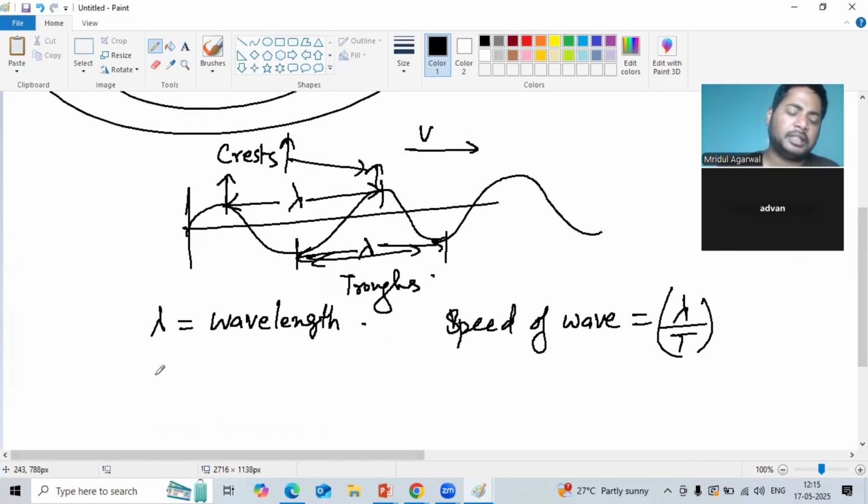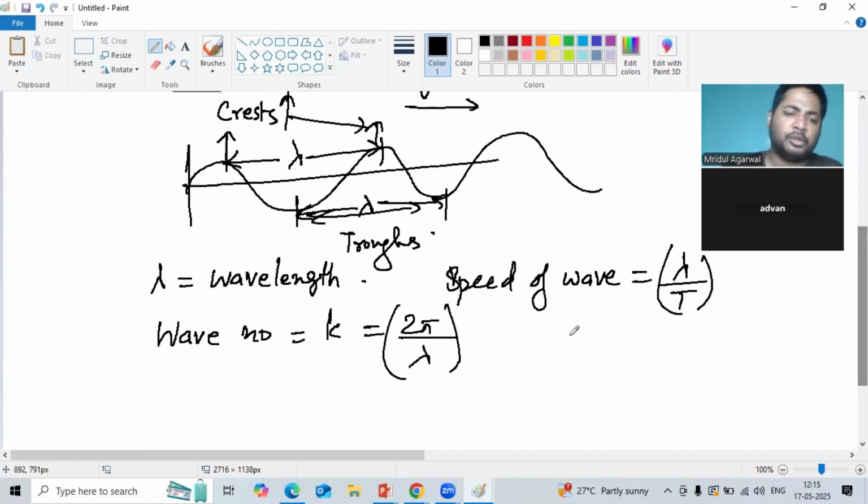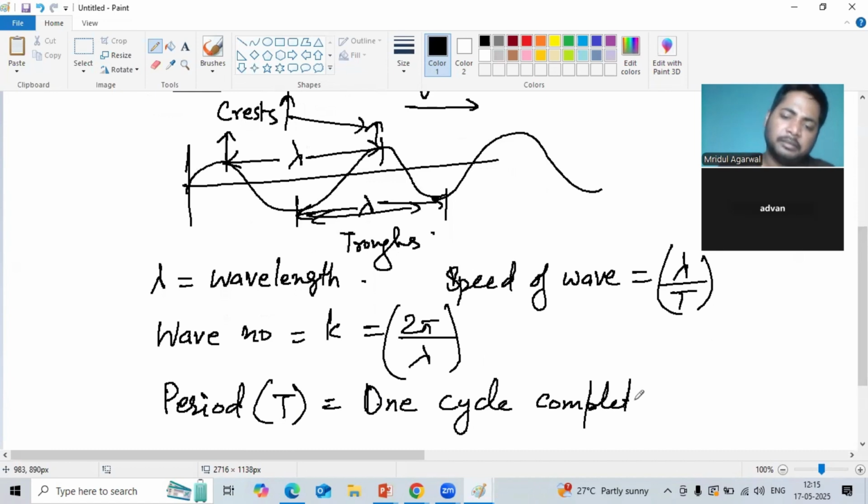There is one more term that is known as the wave number. It is denoted by k, and is given by 2 pi by lambda. There is one more thing, that is your period. Period is your time T, the time in which it completes one cycle, the completion time.